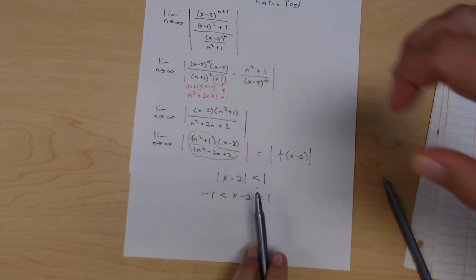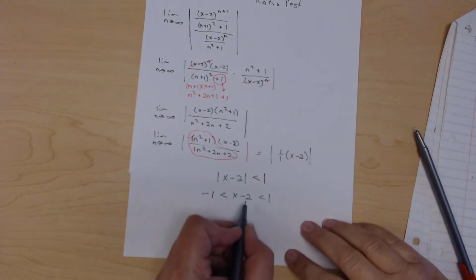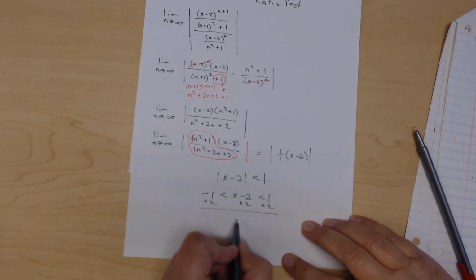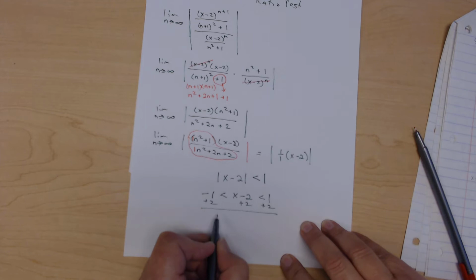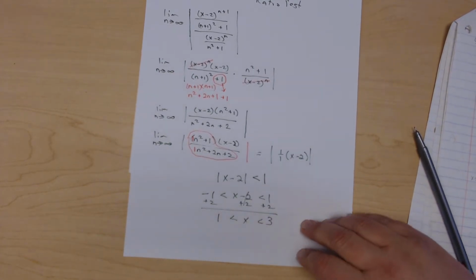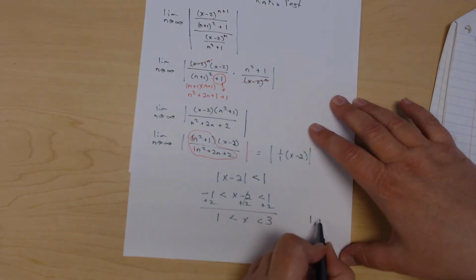When it's greater than, you have to do it as 2 separate ones, as an or, but for less than it's a little nicer to work with. So you add 2 to all places, and this gives us 1 is less than x, which is less than 3. That's my interval, 1 to 3.